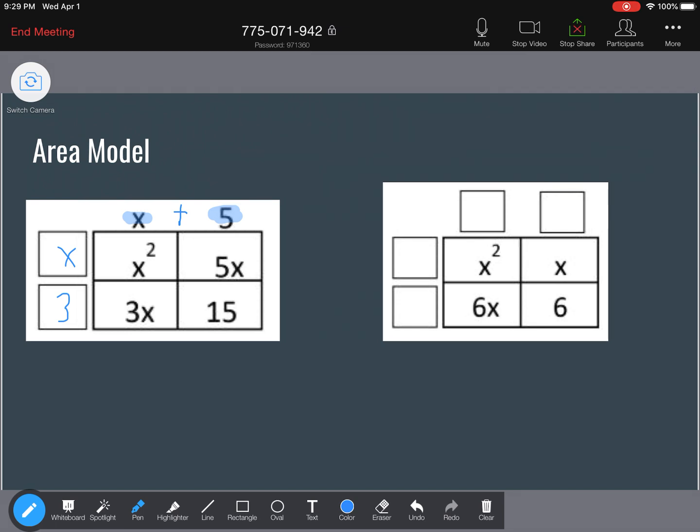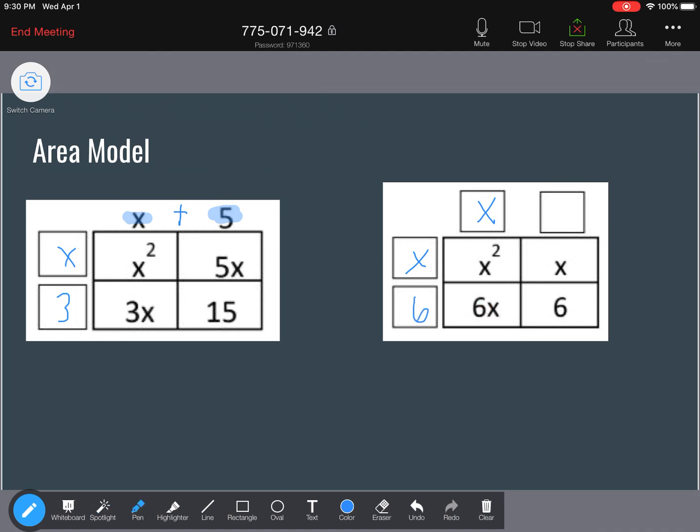Okay, we can kind of do the same thing here. What two numbers or variables, when you multiply them together, give you an x squared? We know that needs to be an x and an x. And then from there, we're just looking at what do I multiply x by to get 6x?